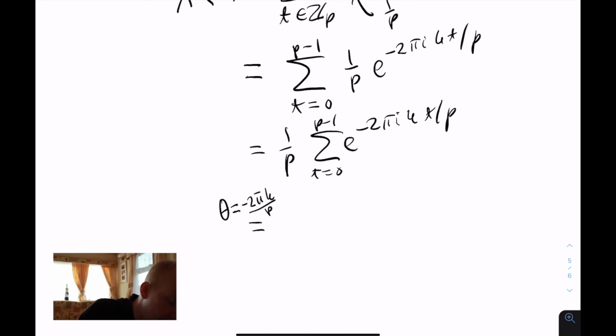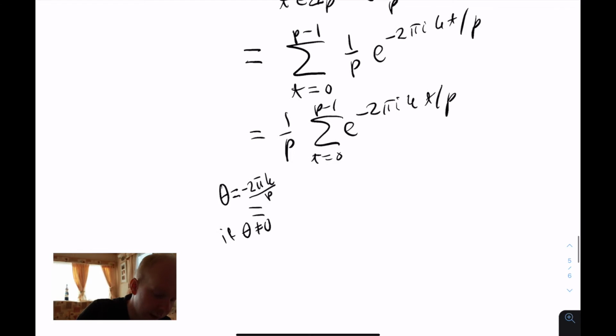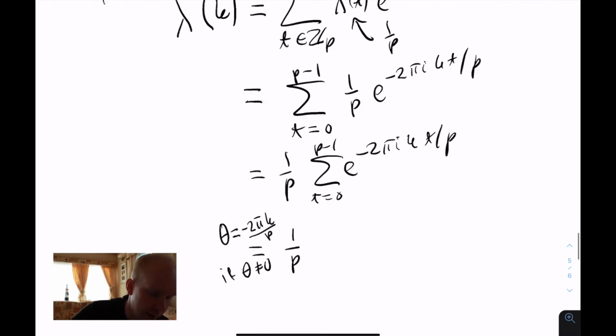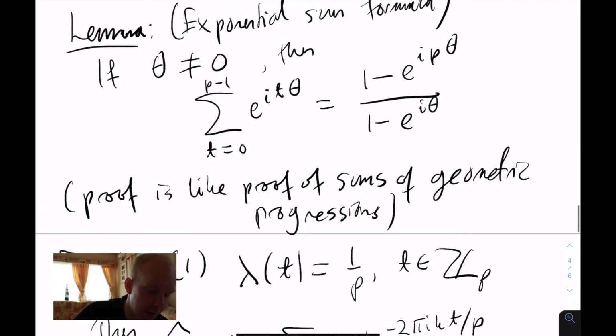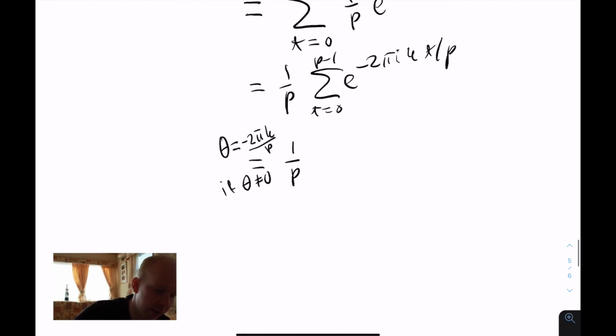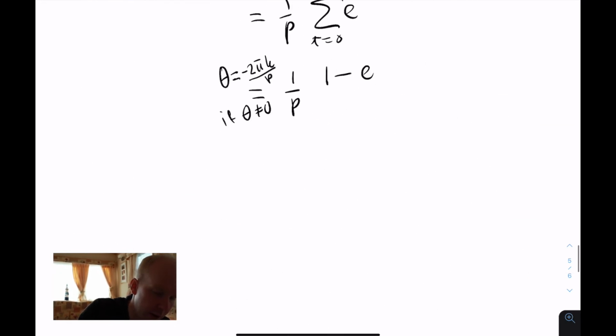And if theta is not equal to 0, we can just compute this sum. This is equal to 1 over p, and then using this exponential sum formula with this theta, it becomes 1 minus e to the power i p theta over 1 minus e to the power i theta.